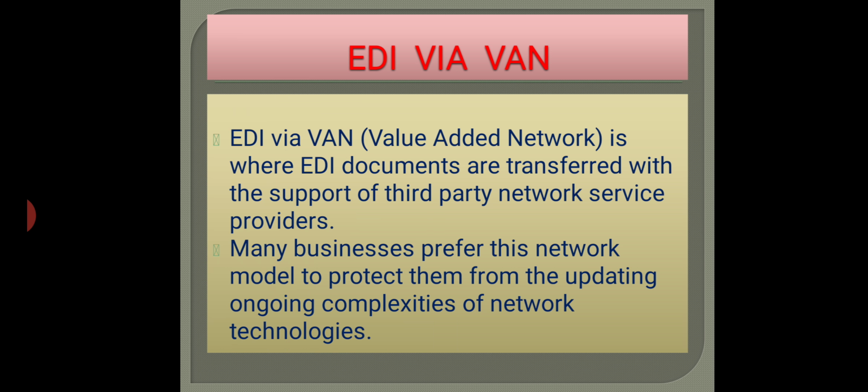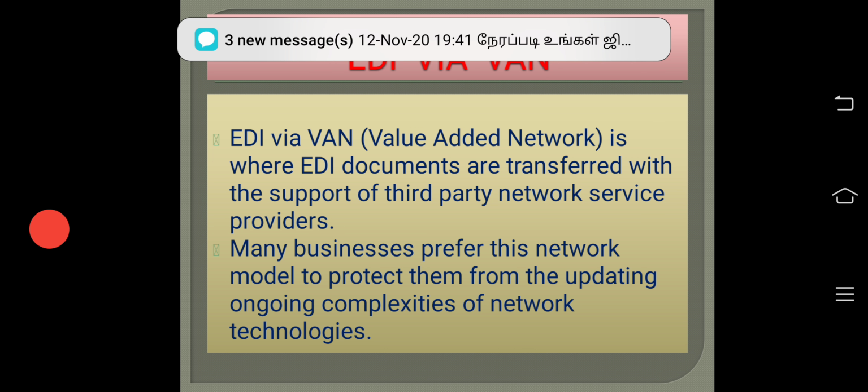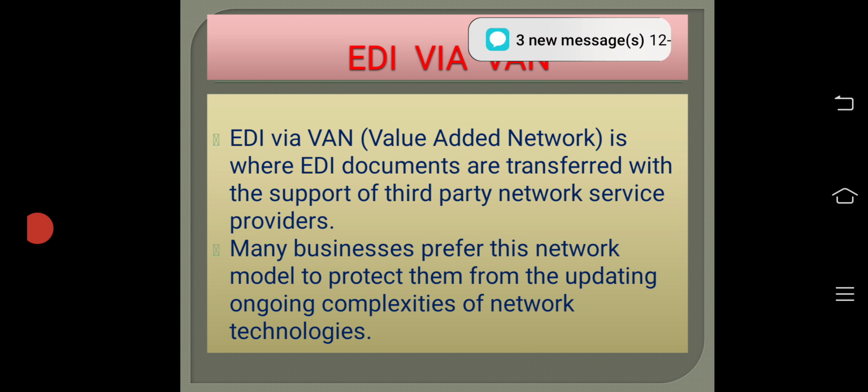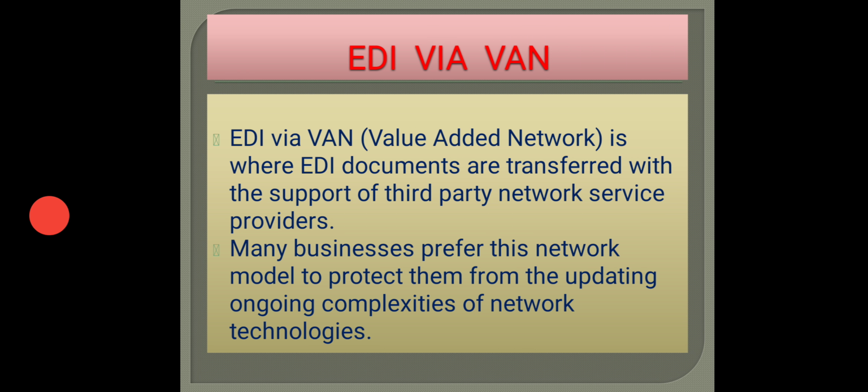Next is EDI via VAN. VAN refers to value added network, where EDI documents are transferred with the support of a third party network service provider. So value added network means we transport the documents with the support of a third party.